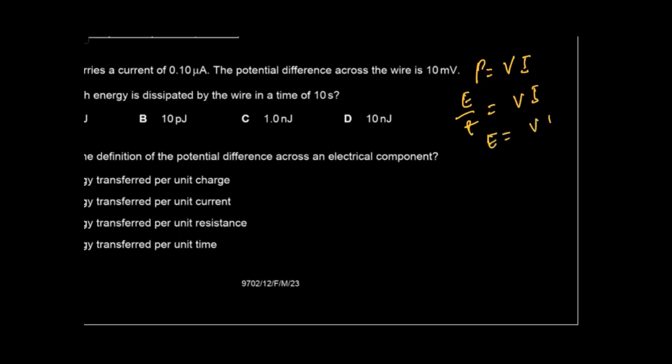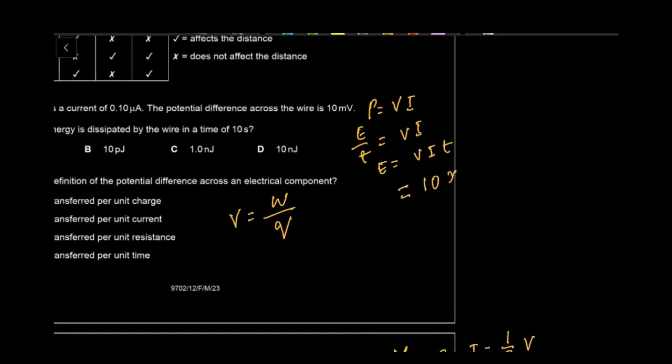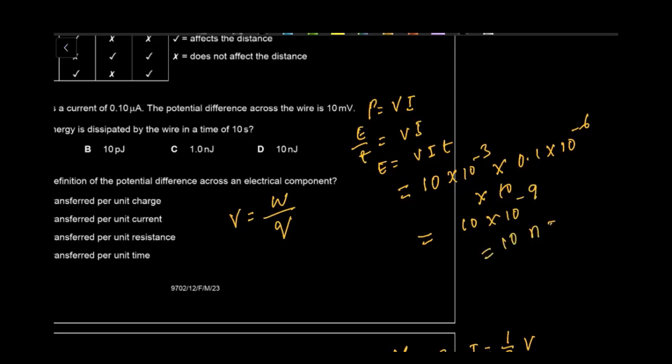So E is equal to VIT. V is 10 millivolt, 10 into 10 to the power minus 3. I is 0.1 microampere, 0.1 into 10 to the power minus 6. Time is 10 second. So this comes out to be 10 into 10 to the power minus 9, so this is 10 nanojoule. Option D is correct.